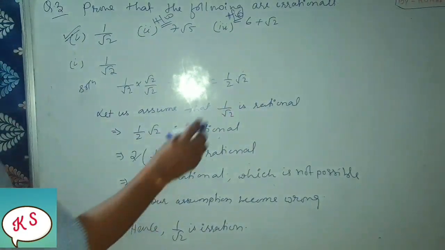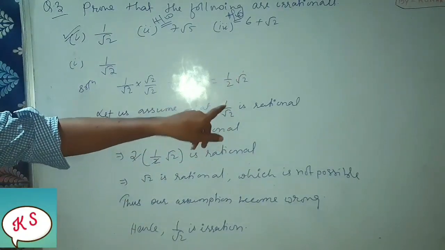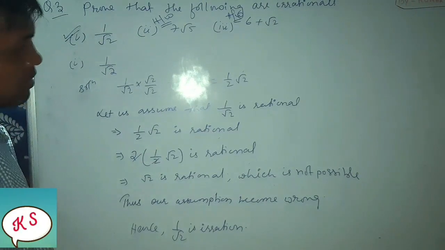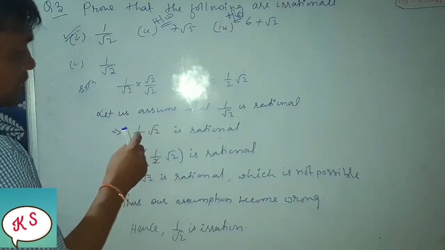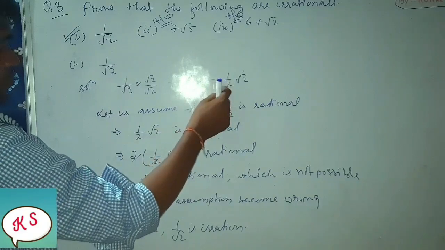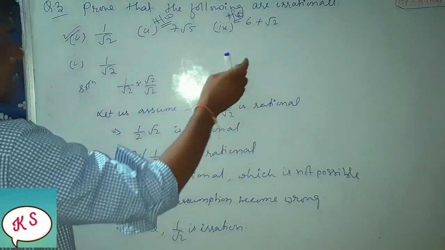If 1 by root 2 is rational, then definitely this one also will be rational.